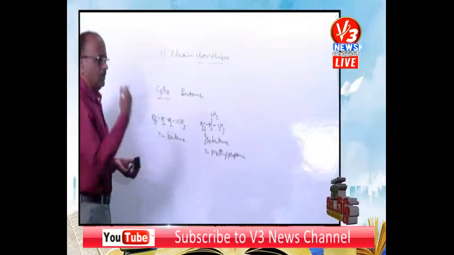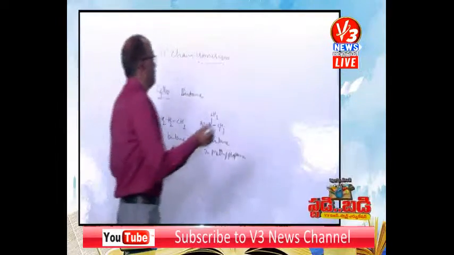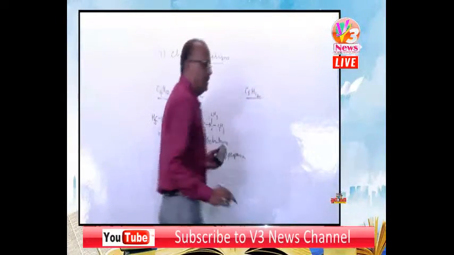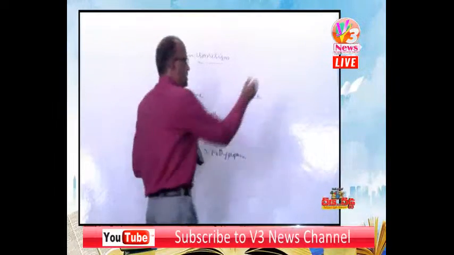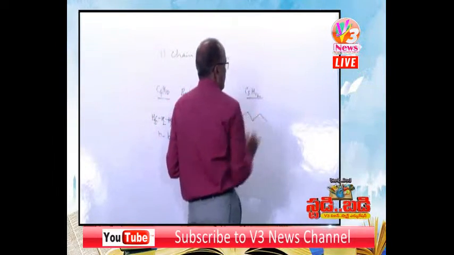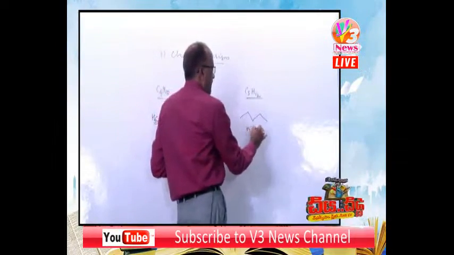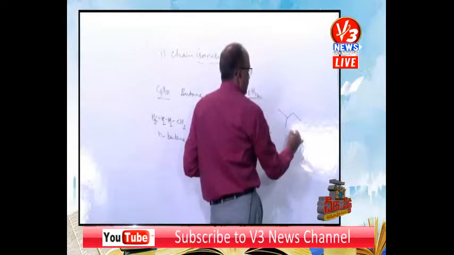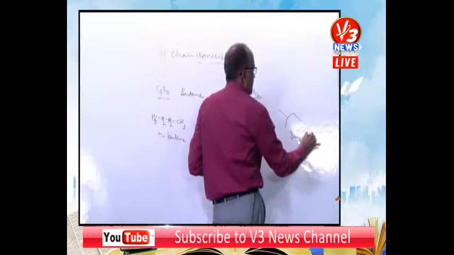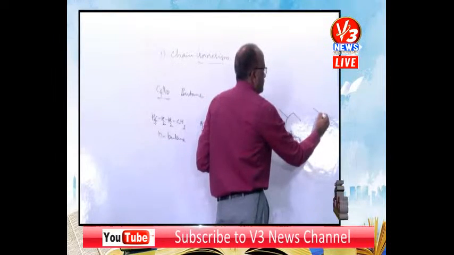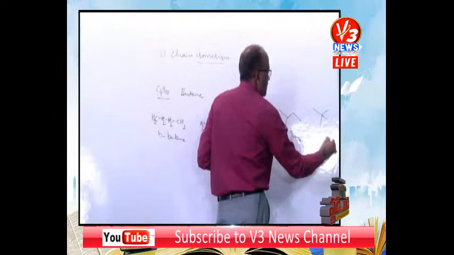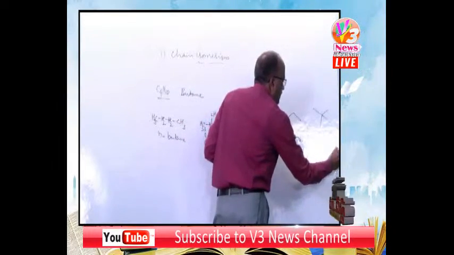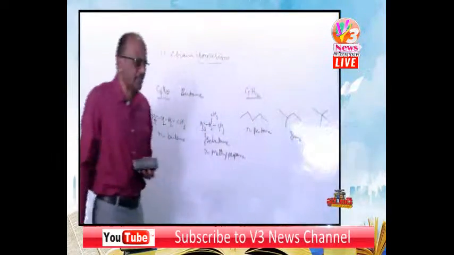Then if we take next homologue of this one, C5H12, and this has how many isomers, chain isomers? 3. One is n-pentane and another one is isopentane and another one is neopentane. This is neopentane, and you try to write IUPAC names of these isomers.